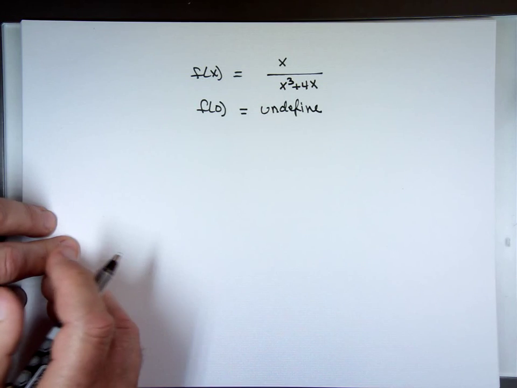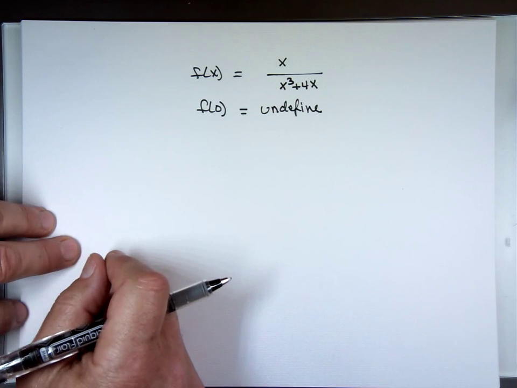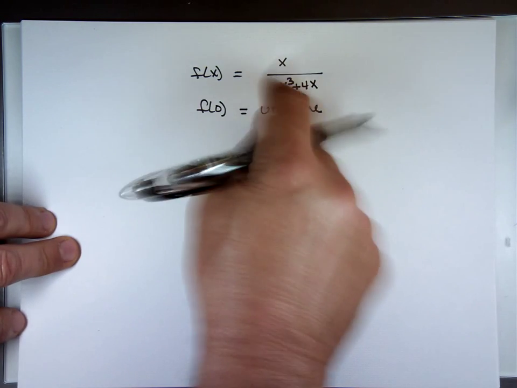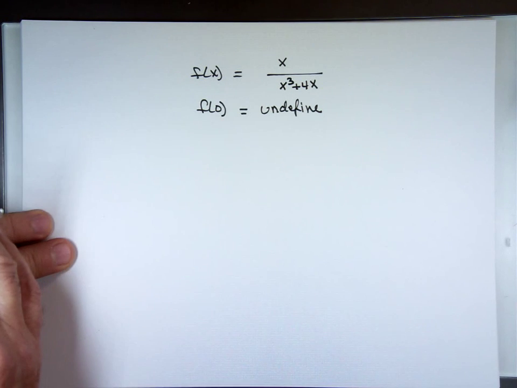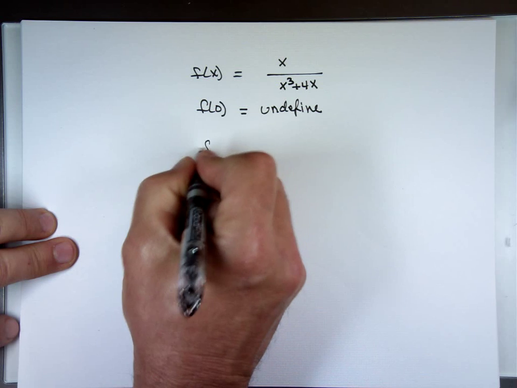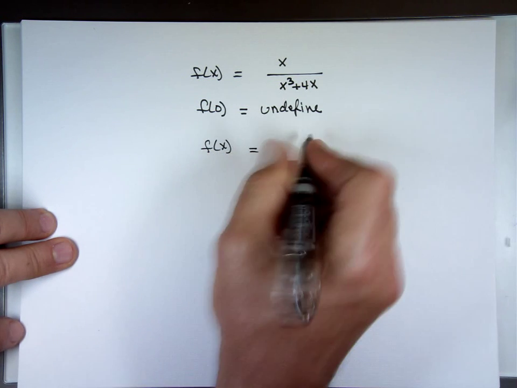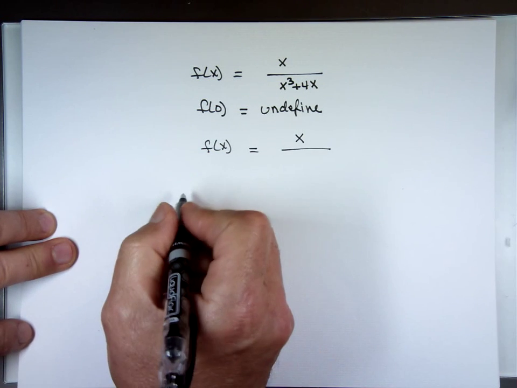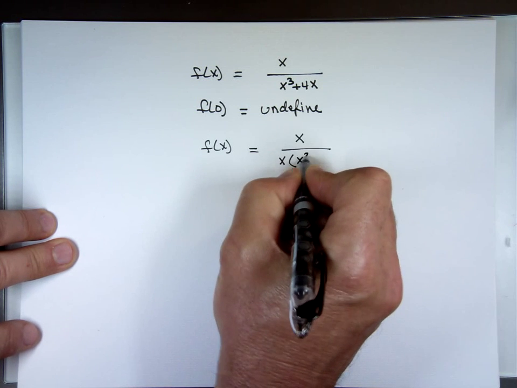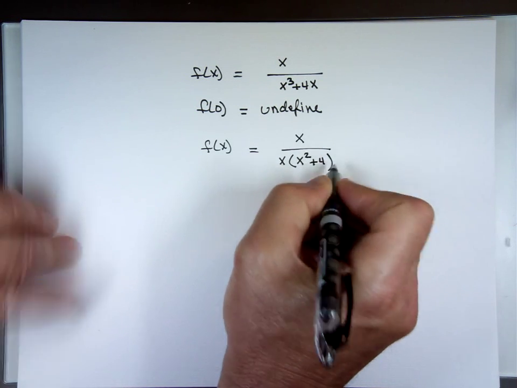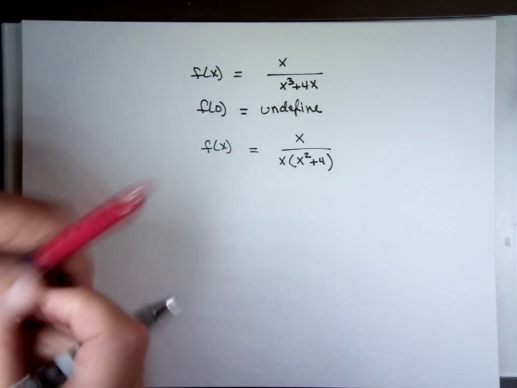But can you remove that discontinuity? Is that removable? Can I simplify this function so that if I plug in 0 later, when I simplify, I have an answer? Well, let's see. Can I factor anything out of the bottom? You can take an x out. What's left? And what happens to the x's now?